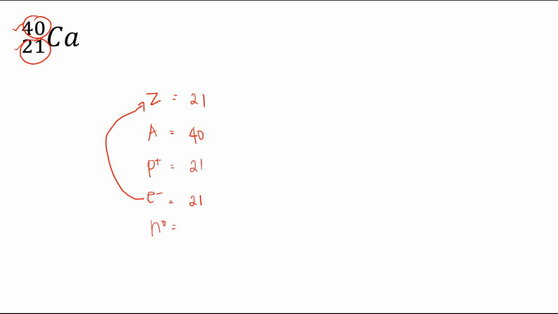And for your neutrons, you can just solve for this orally, but let's just write it here. A is equal to neutrons plus protons. Since we're looking for neutrons, then we can say neutrons is equal to A minus P plus.